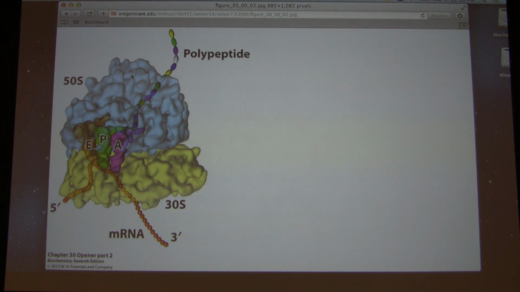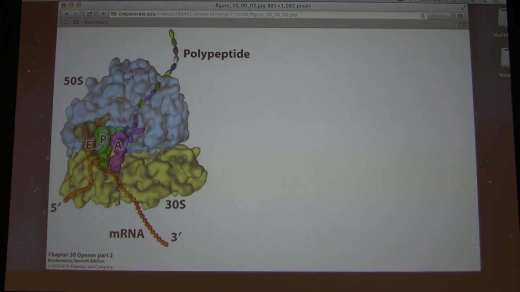The messenger RNA is being translated, and you can see that the messenger RNA interacts with 3 sites called E, P, and A. Now, as this ribosome is moving, it's moving from left to right. It is moving down the messenger RNA in a 5' to 3' direction.